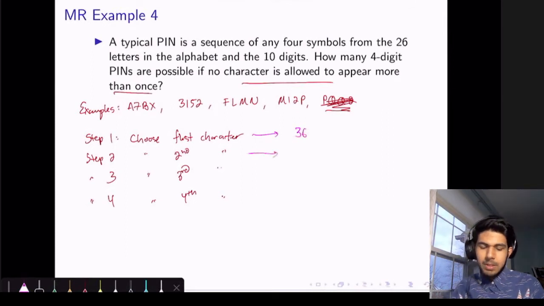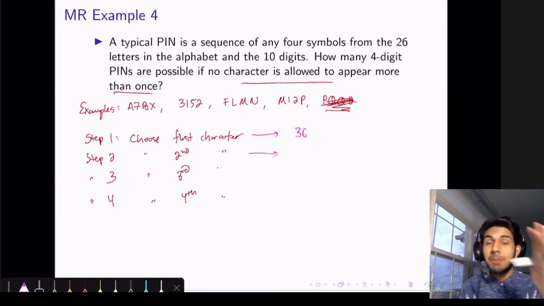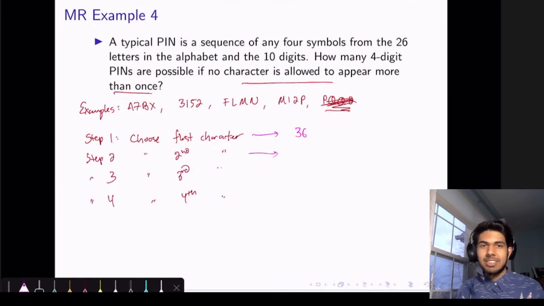Second one. Now it's a little bit different. In the previous example, we would have said, oh, it's still 36, but now it's different. The reason is because no character is allowed to appear more than once.